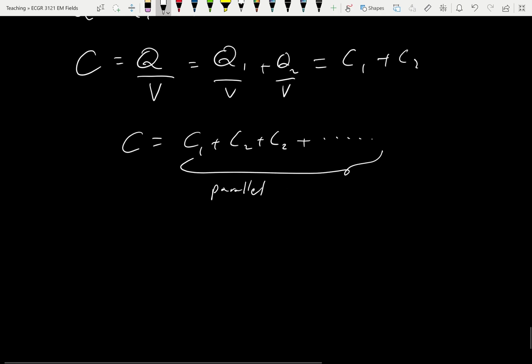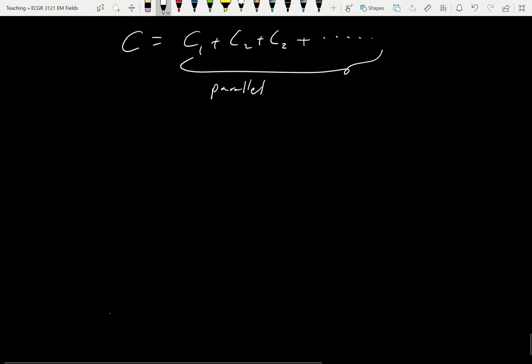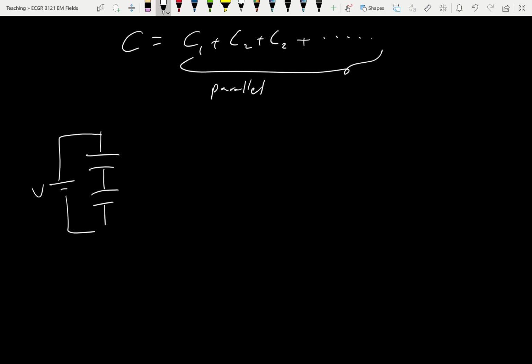Okay. For series connections of capacitors, something like this, and then I have V between them, in the lumped circuit model. In the EM extended structure view, I can draw it like this.